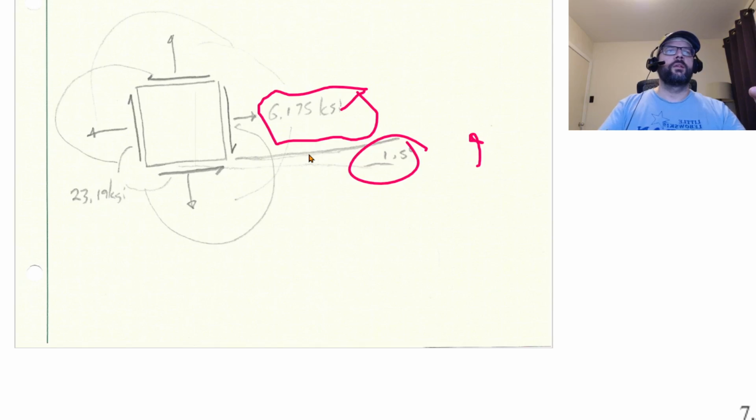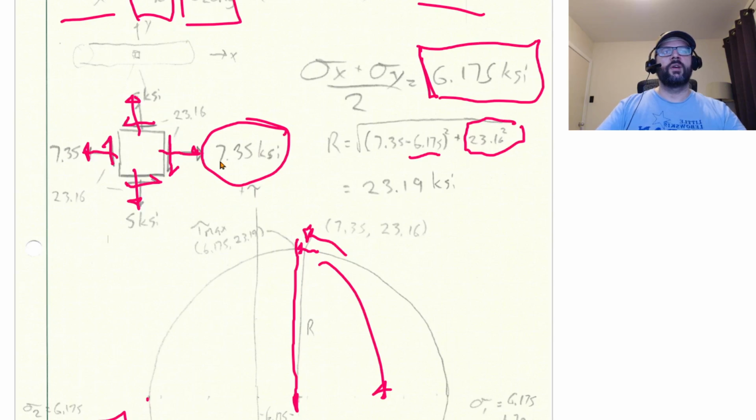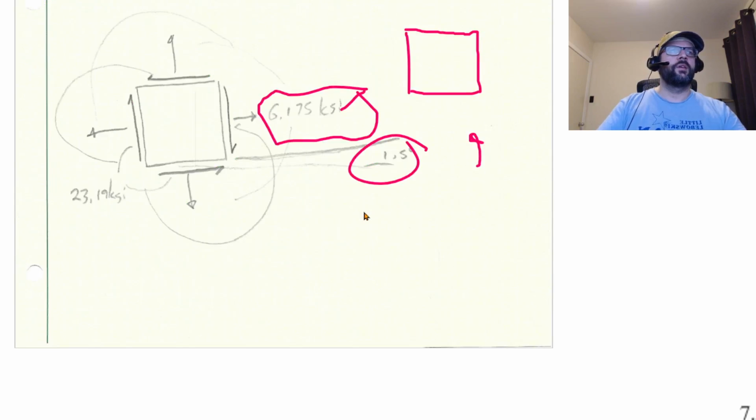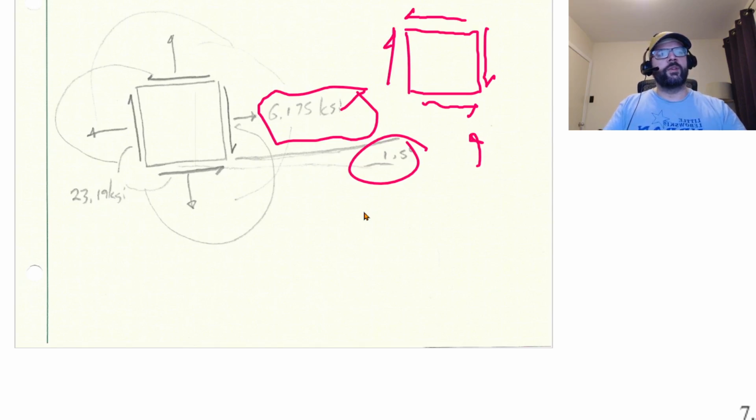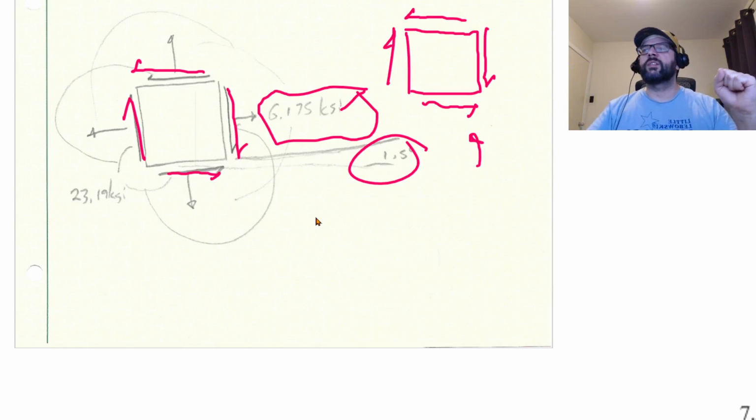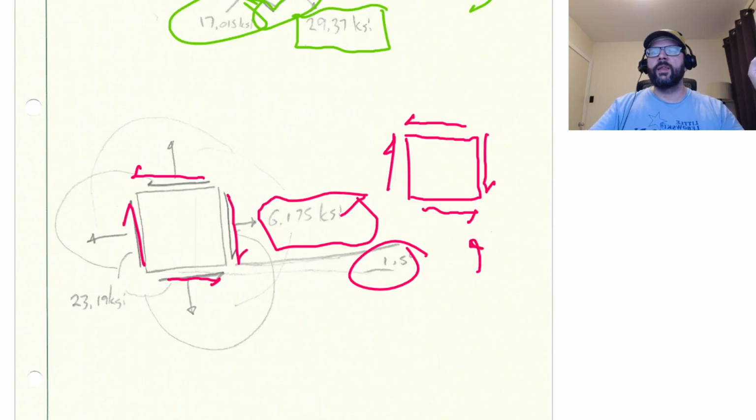And again, we started out with the directionality of the shear stress like this. Since we're only rotating a tiny little bit, obviously nothing really changes with the directionality. So it's still going to be like this. So that's our maximum shear element. And that is that.